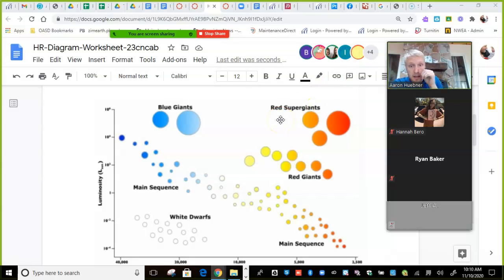Age could impact it. Let's see. Basically, yeah, for luminosity, there's going to be multiple factors.